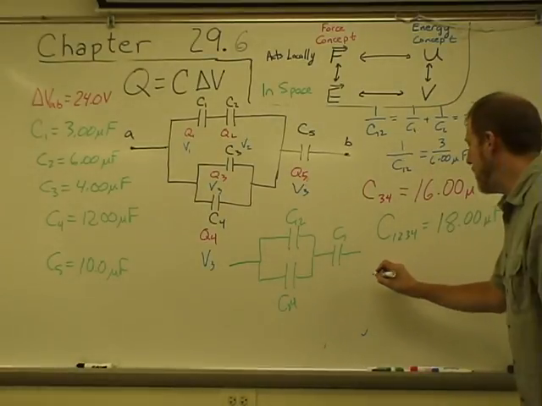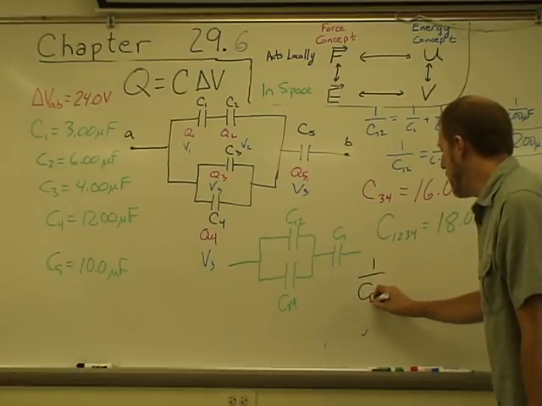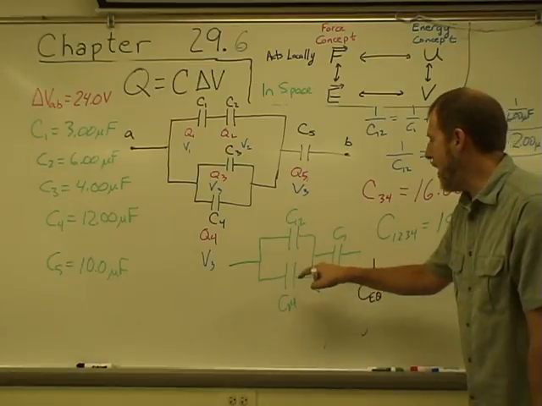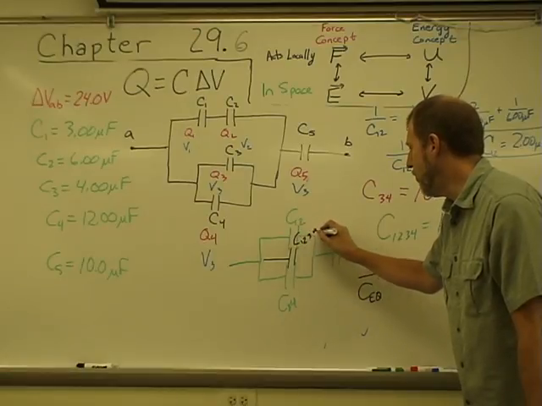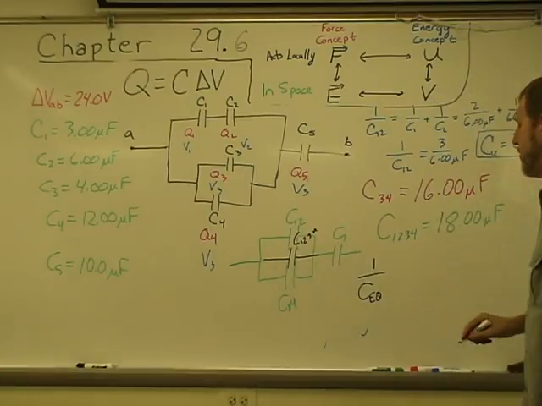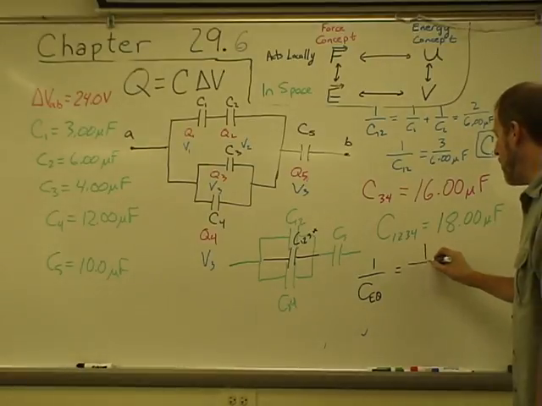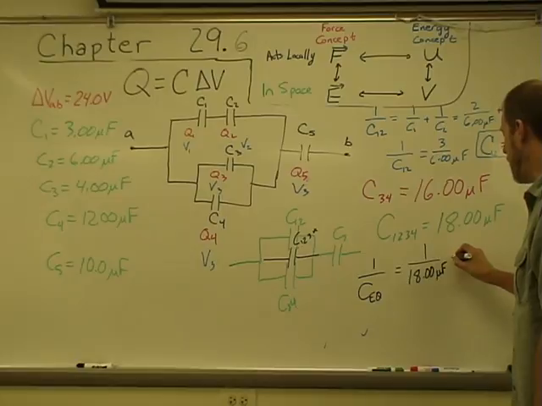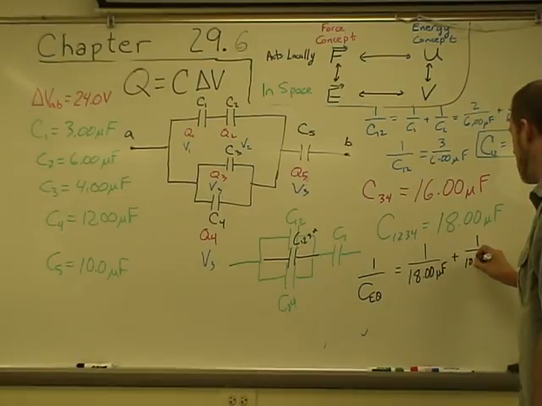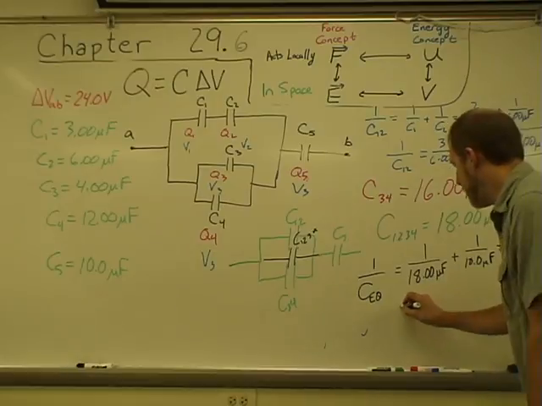All the way back around, 1 over the equivalent capacitance, because now I have C1, 2, 3, 4 in series with C5. That's equal to 1 over 18 microfarads plus 1 over 10 microfarads.